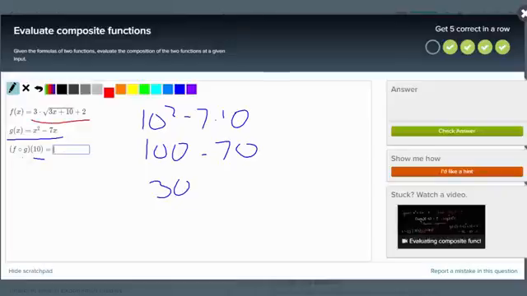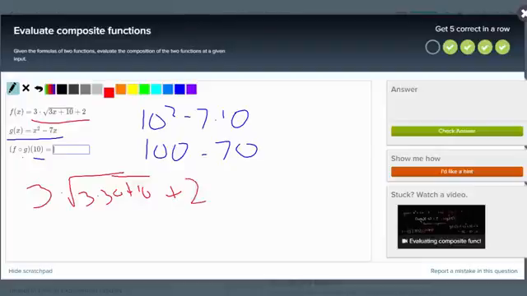f is 3 times the square root of 3 times 30 plus 10, running out of room, plus 2. So I do innermost first. 3 times 30, I do that before plus, so 3 times 30 is 90.